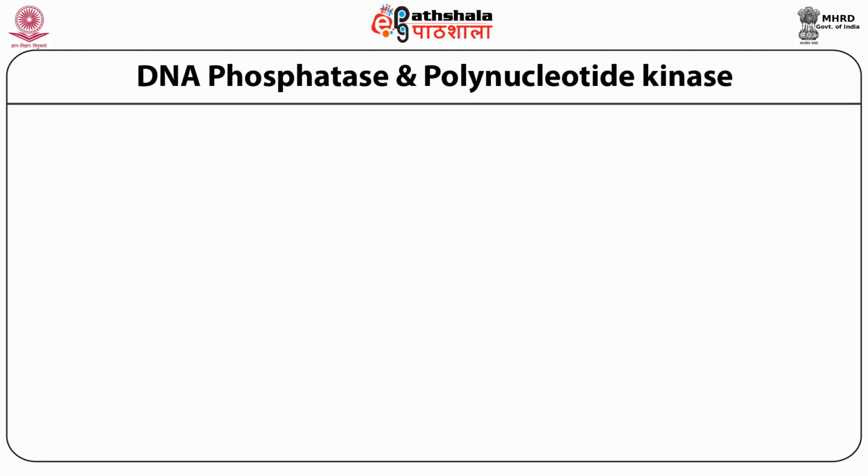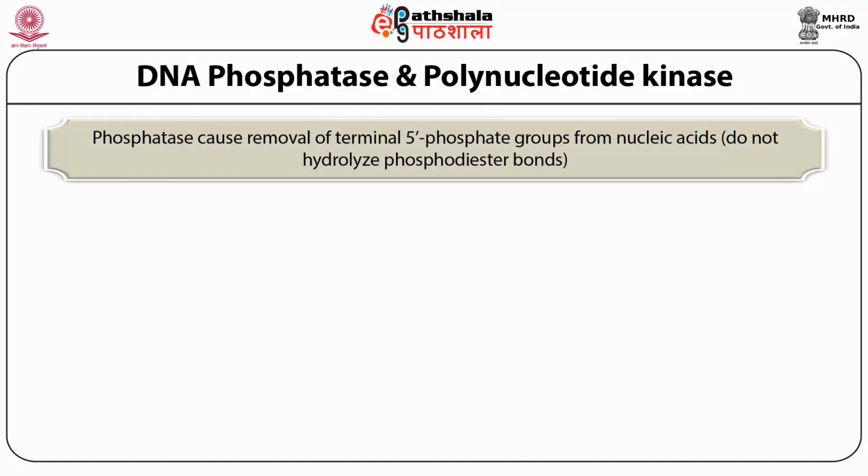DNA phosphatases and polynucleotide kinases. These are special classes of enzymes. Phosphatases specifically cause removal of the terminal 5' phosphate group from nucleic acids.